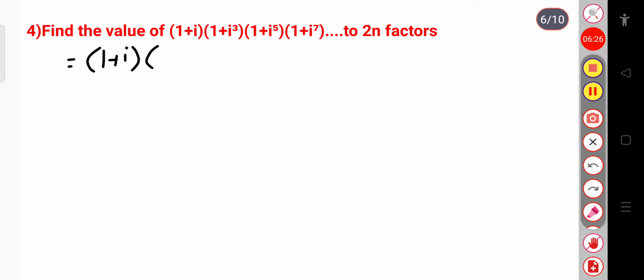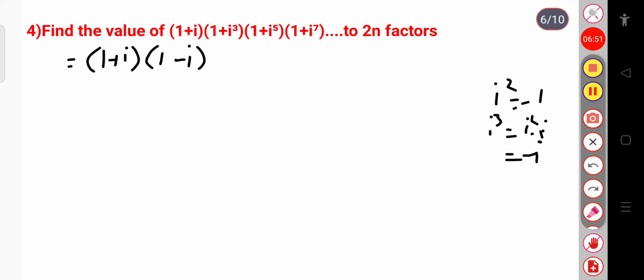You know i squared is minus 1. So i cubed is equal to i squared into i, which is minus 1 into i, so this becomes minus i. So here I have to write 1 minus i in place of 1 plus i cubed.